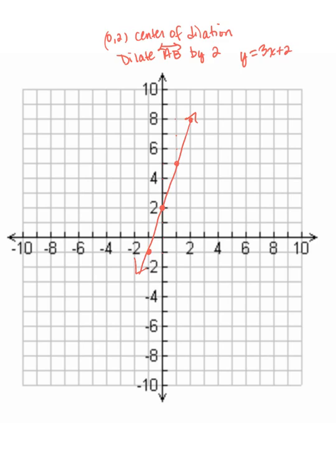So what I did is I started at 0, 2. I went up 3, right 1, up 3, right 1, down 3, left 1. That generates a line. So this is the line y equals 3x plus 2. So I'm going to move all the points on the line twice the distance away from the center 0, 2. So what would happen is, this is your center.